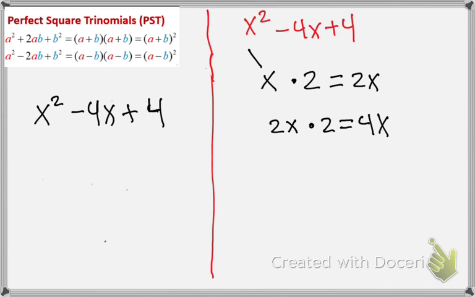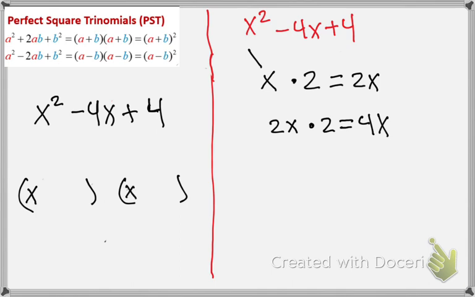Okay, so yes, I know you're like, this is a trinomial. Some of you may even be trying to use trinomial factoring, but do not try trinomial factoring. That will not work here. You have to use perfect square trinomial factoring, right? So the first thing is create your parentheses, just like every other type of factoring. You put the square root of the first term inside of the parentheses, both of them.